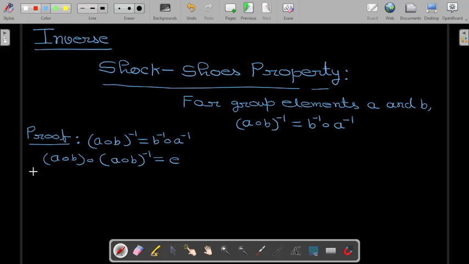Okay, so this implies A composition B composition B inverse composition A inverse, and by applying the associative property, we get A composition B composed B inverse composed A inverse. And what is B composed B inverse? That is the identity.